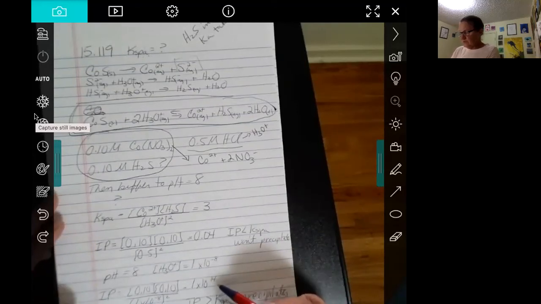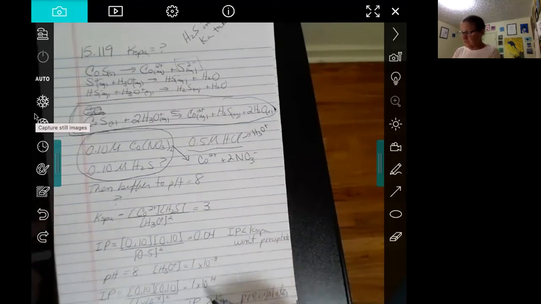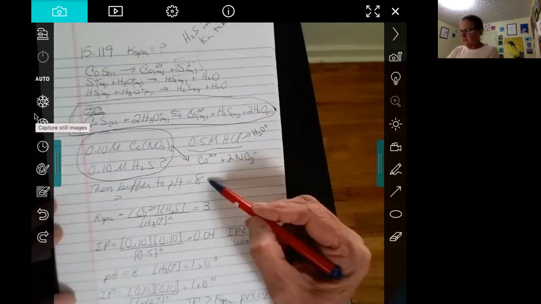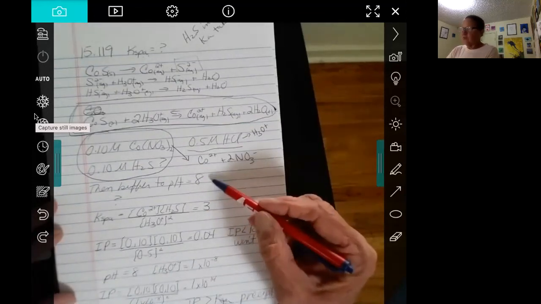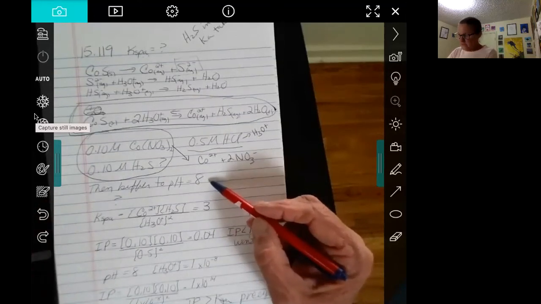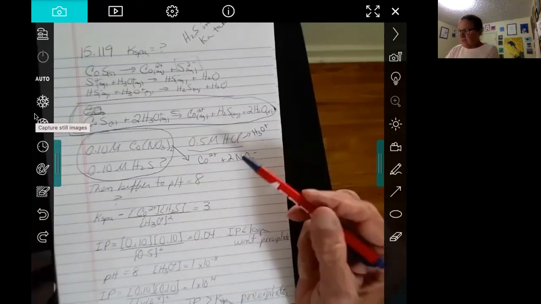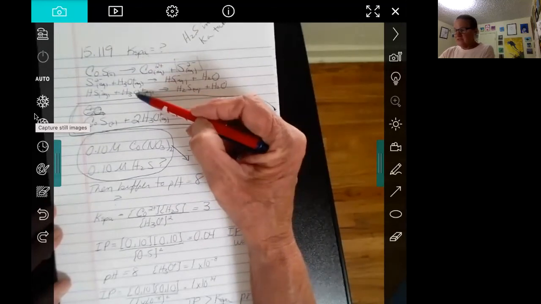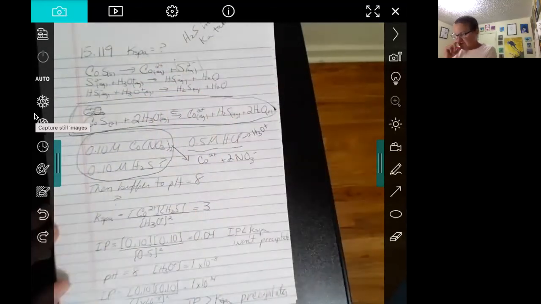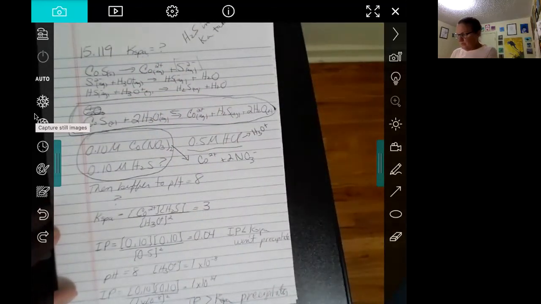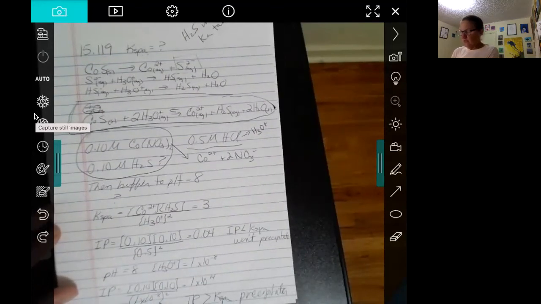And you get 1 times 10 to the 14th, which says yes. If you increase the pH, which means you're decreasing the H3O plus, that means that these reactions really don't go on and it really decreases. So there will be a precipitate when you've made the pH so basic, because the ion product is going to be greater than the KSPA.